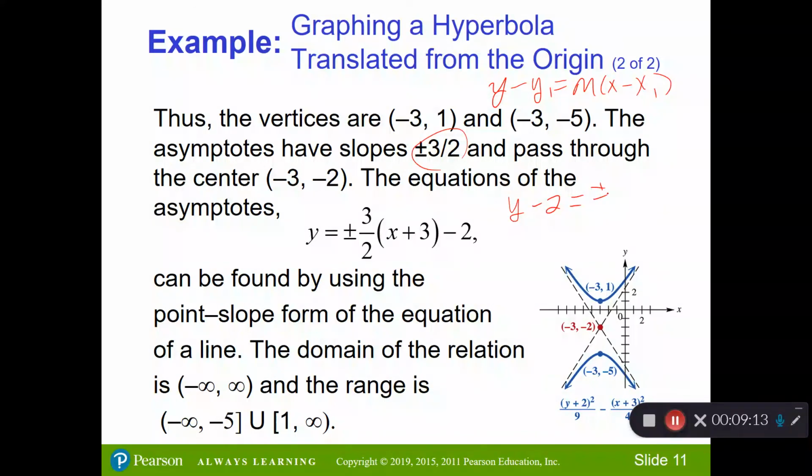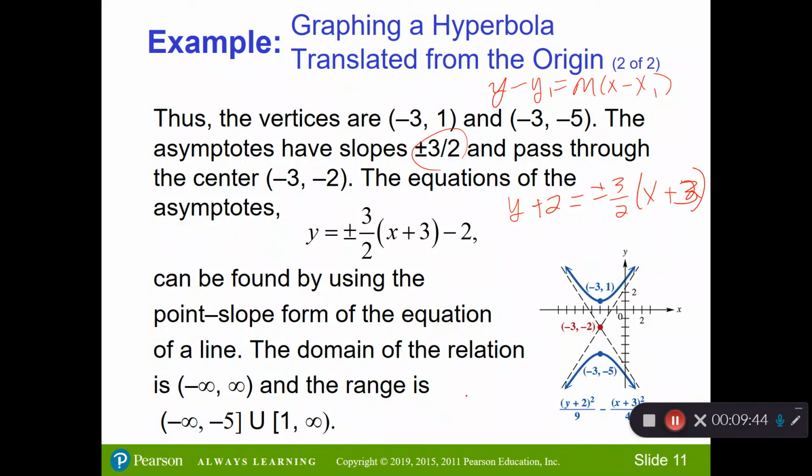So plus or minus 3/2. X minus the x coordinate here is a 2. Oh, that is a 3. And that should be a plus. So it's y plus 2 equals plus or minus 3/2 x plus 3. Go ahead and work that out, and that gives you two equations. Do one with the positive slope and the other with the negative slope. That form the asymptotes.